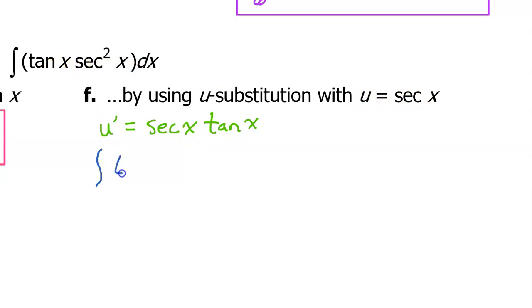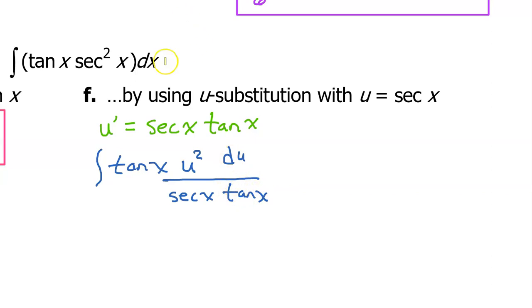So we still have tangent x, but then secant squared will become u squared. Instead of dx, we will put du divided by u prime. So divided by secant x tangent x.